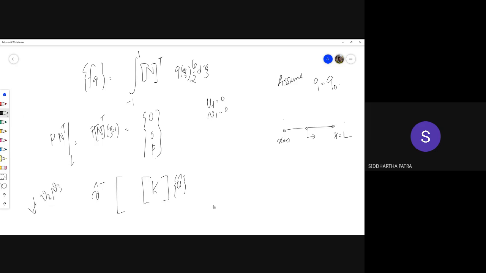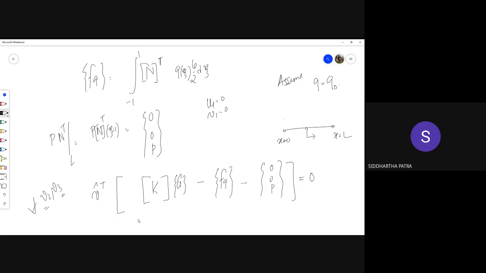V2 and v3 are arbitrary. So the equations corresponding to V2 and V3 would be equal to 0, and V1 not so much. So for V1 there would be a reaction force. So there you have FQ, and then you have 0, 0, P, and that equals 0.